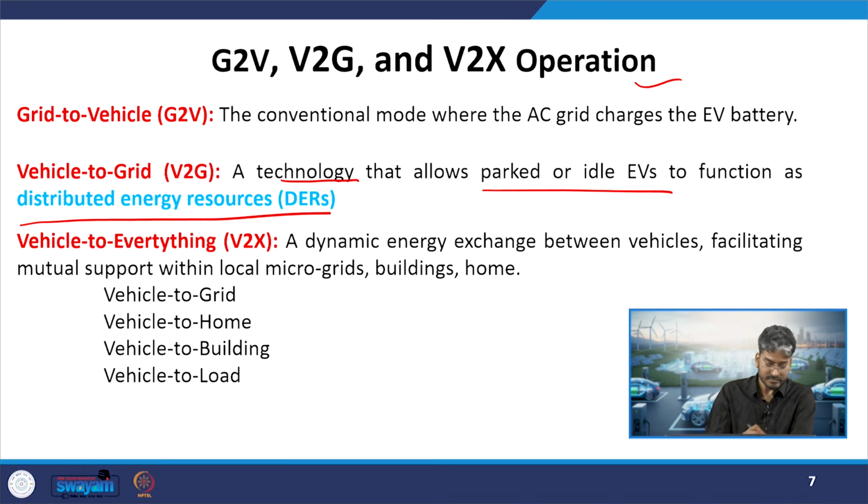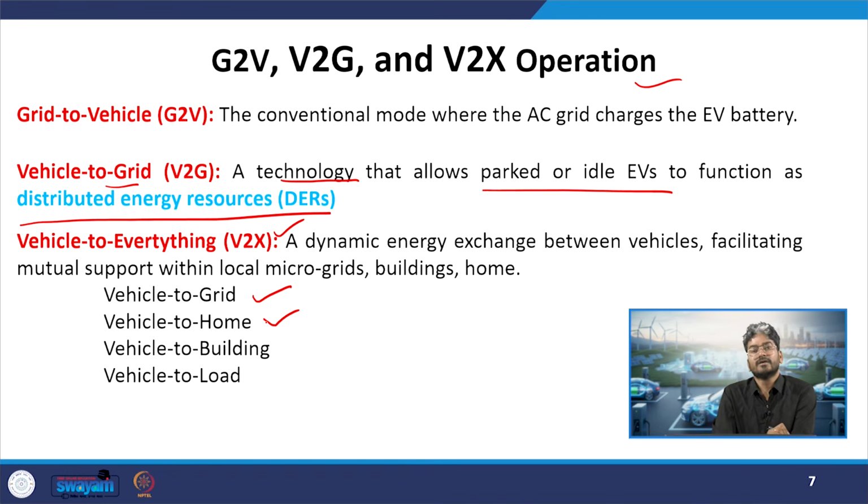Now, the recent term is V2X, vehicle to everything. Instead of giving it back to the grid, what other options can be available? First is vehicle to grid, then vehicle to home.